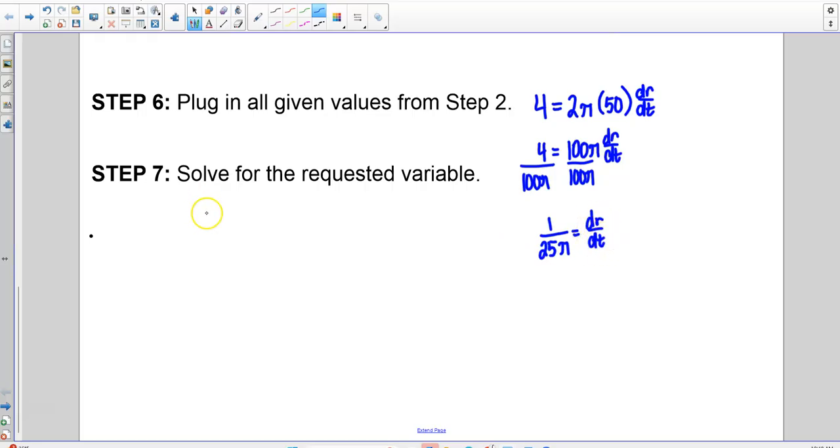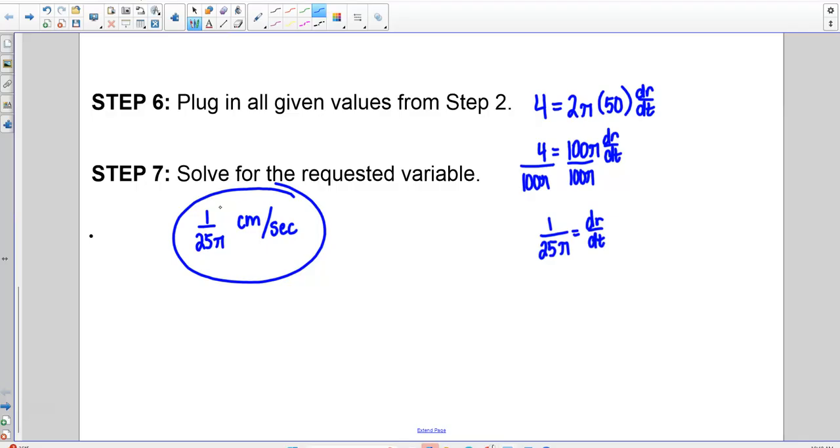So 1 over 25 pi, this is the rate of change of the radius with respect to time. Radius is measured in centimeters, time is measured in seconds, so it's going to be 1 over 25 pi centimeters per second. This would probably be a calculator inactive problem, and that would be the answer they would be looking for.